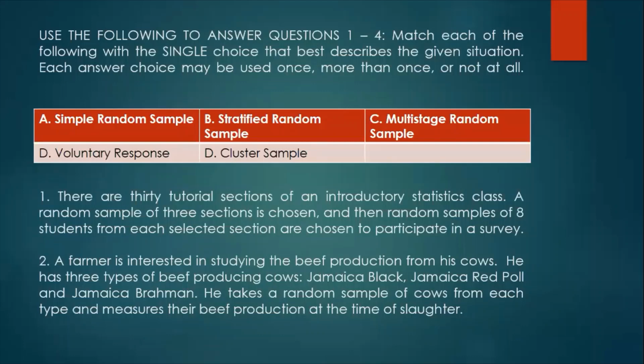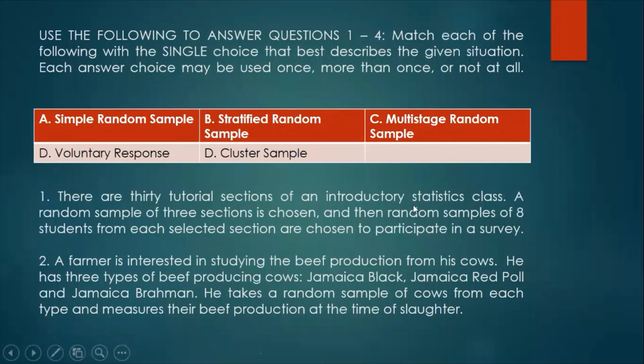So there are 30 tutorial sections of an introductory statistics class. A random sample of 3 sections is chosen, and then random samples of 8 students from each selected section are chosen to participate in a survey.